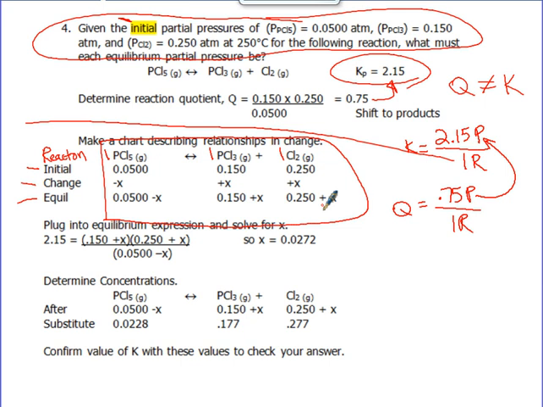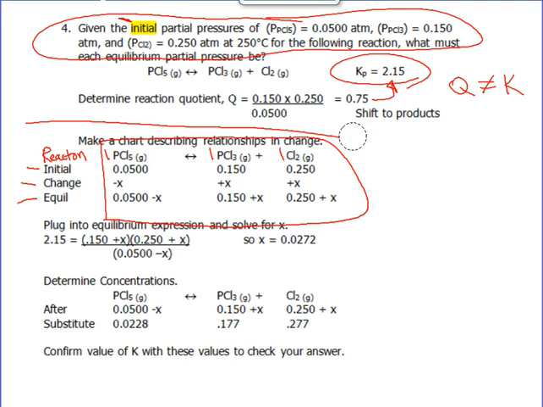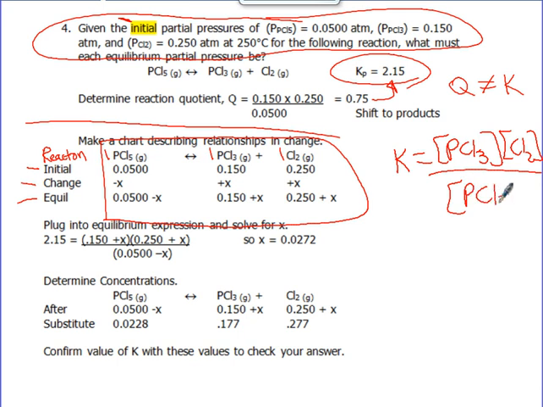Let's just write that down. K would be equal to PCl3 times Cl2 over PCl5.